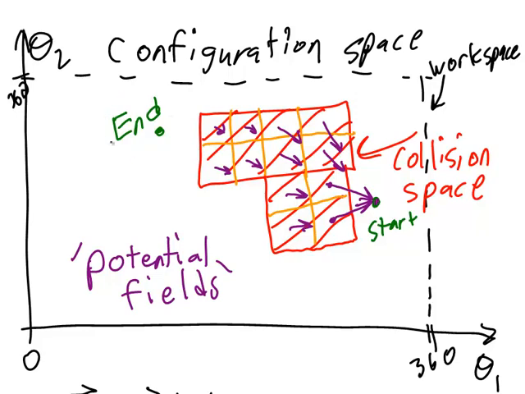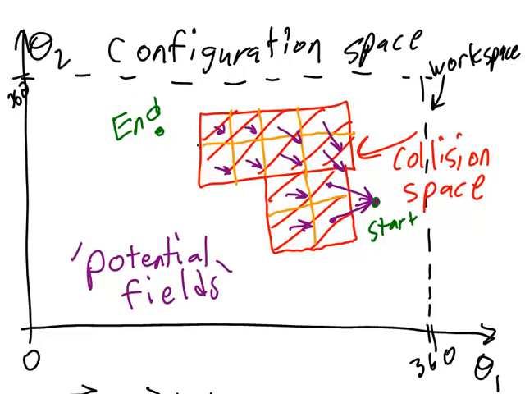Finally, we have an attractive force coming from the end point. In general, we have to make the weight on the attractive force from the end point larger than the repulsive forces from the collision space, since there are many more elements of collision space than the one single end point.